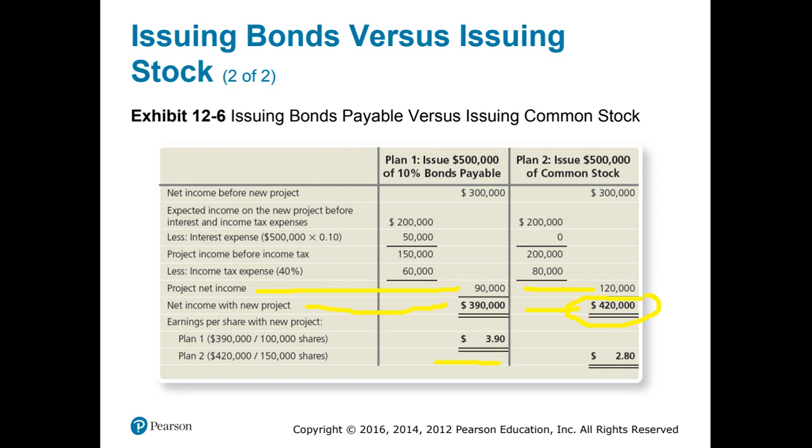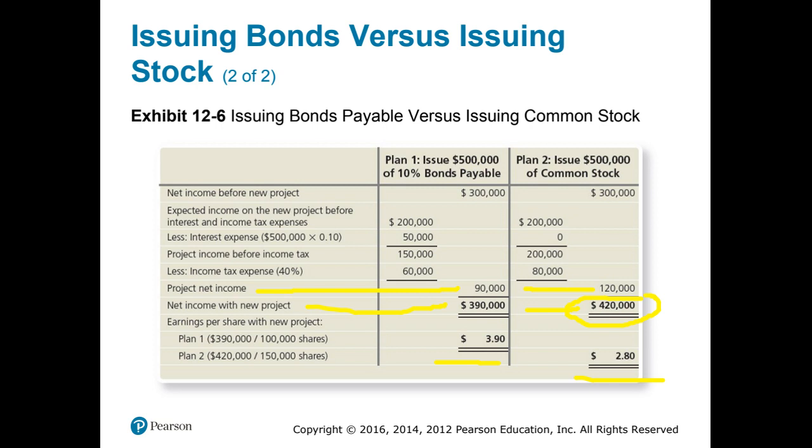For plan 2, we're going to take the 420,000 net income and divide that. We had 150,000 shares. So when we divide that by 150,000 shares, our earnings per share is $2.80. So basing this off of our earnings per share, which one do we think is better?